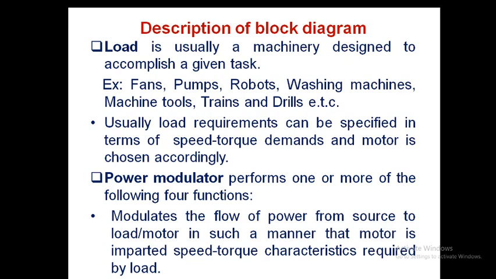If the source is AC and the load requires DC, that means AC to DC. If the source is DC and the load requires AC, that means DC to AC. Such a converter we need to use, either a rectifier or inverter or DC to DC converter. If the input is DC but controlled DC is required, then a DC to DC converter; AC to AC, a voltage controller and frequency controller. So that is one of the functions of the power modulator.